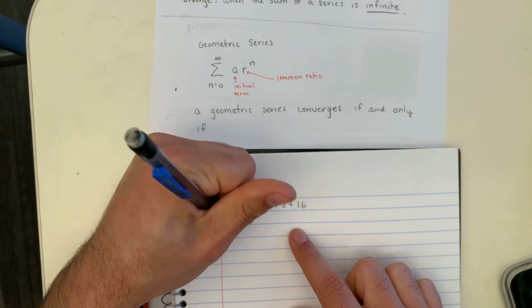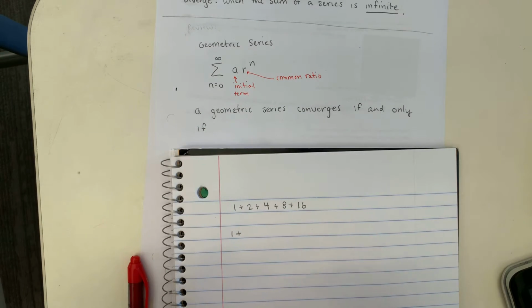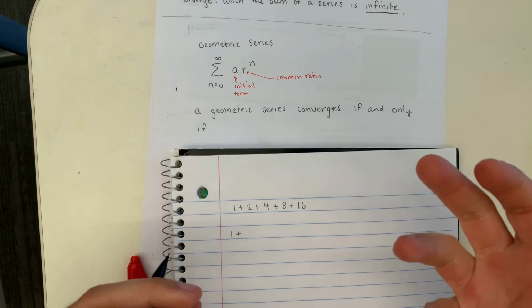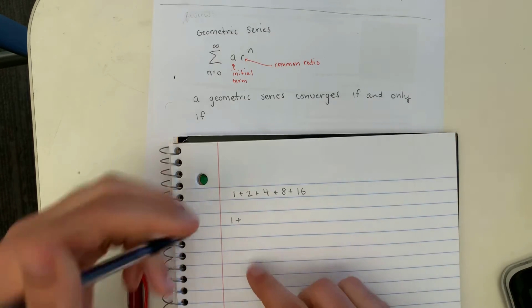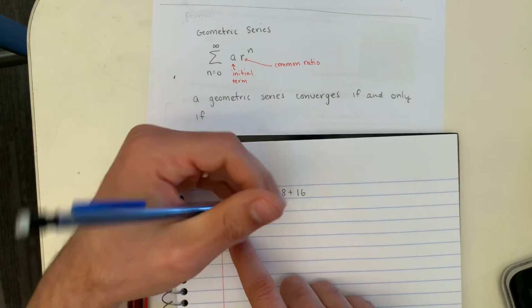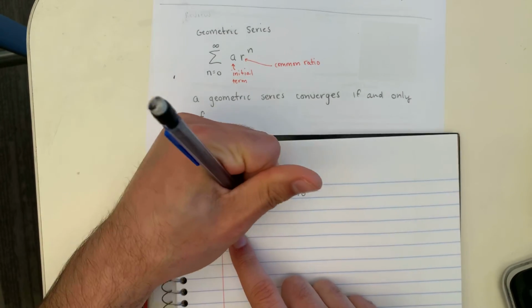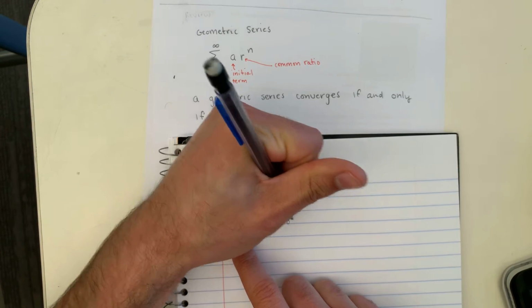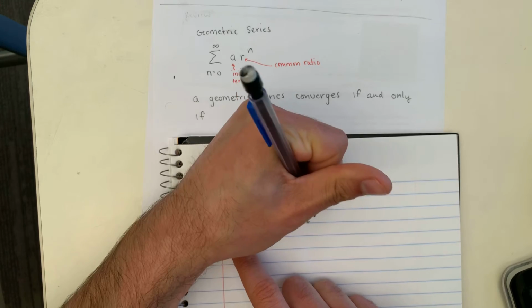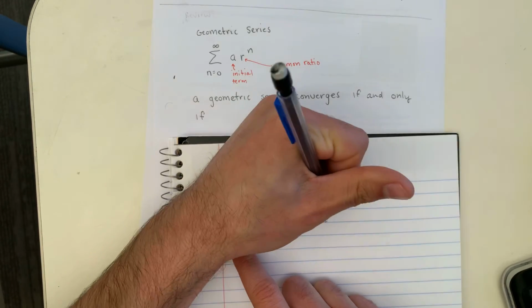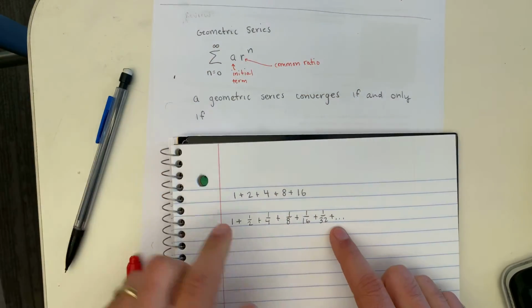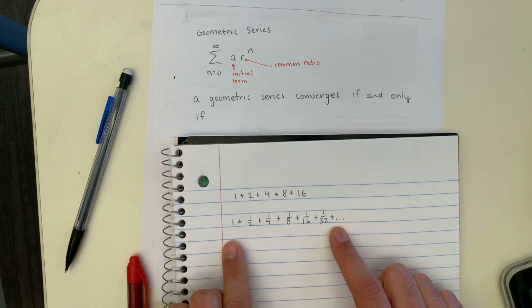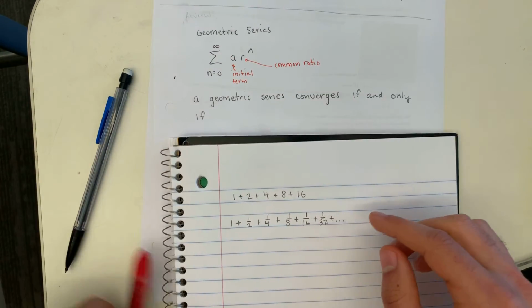But if instead my series was multiplying by a fraction less than 1, like multiplying by a half every time, then these numbers would actually become smaller and smaller. And when we would add these together, it would be finite. It would be converging. So it's dependent on our common ratio.